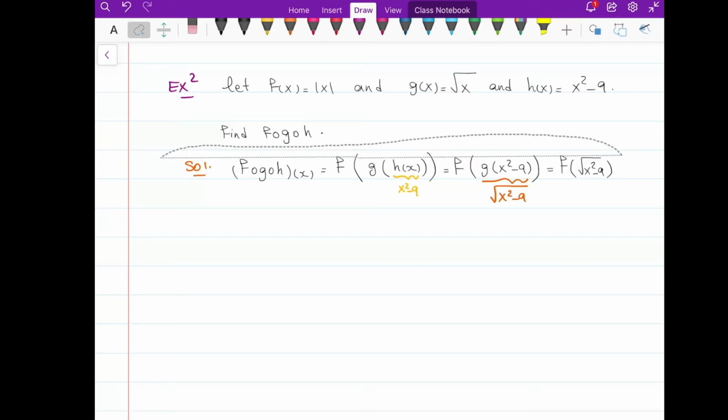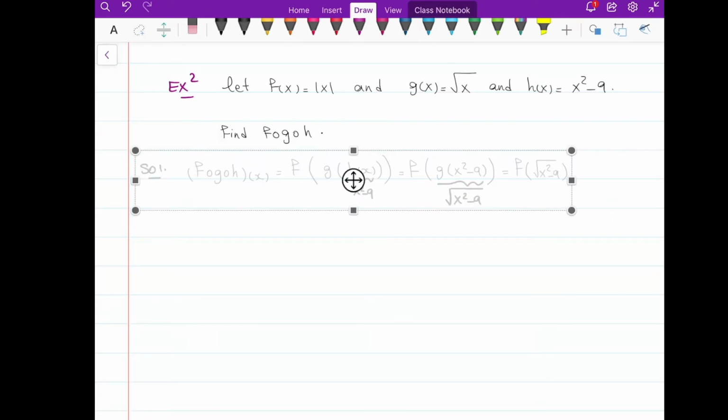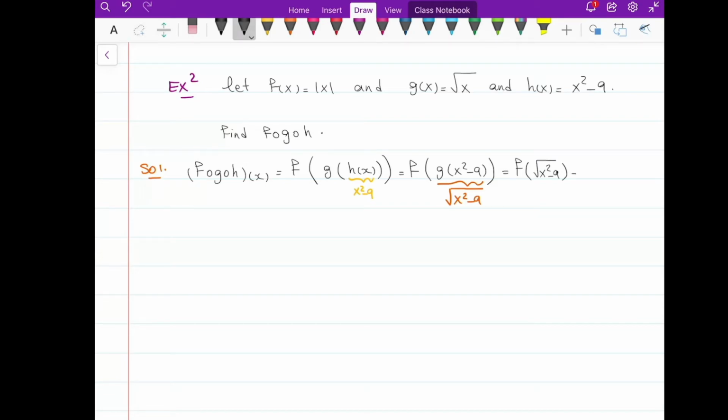So it would be the absolute value of the square root of x squared minus 9. Since a square root is always positive, the absolute value of something positive is that thing. So it would be just the square root of x squared minus 9. That is f∘g∘h.